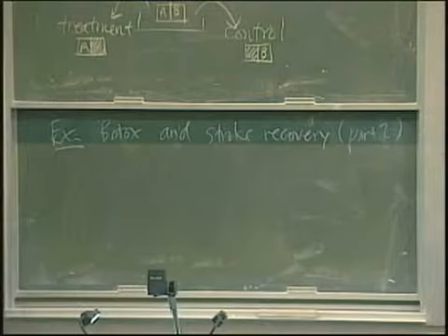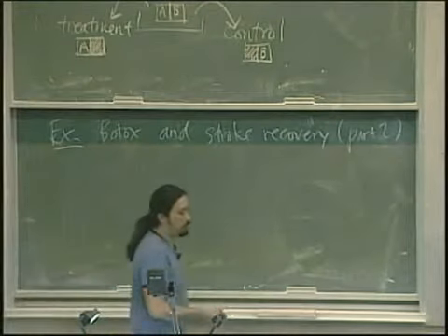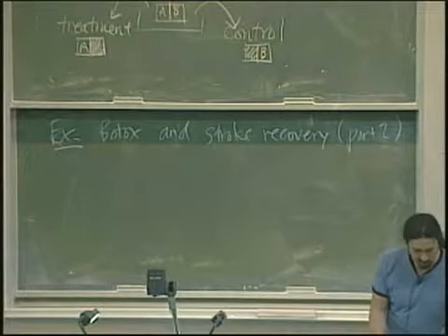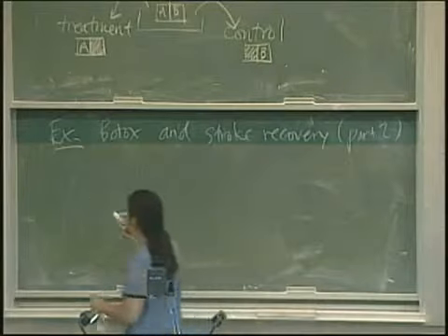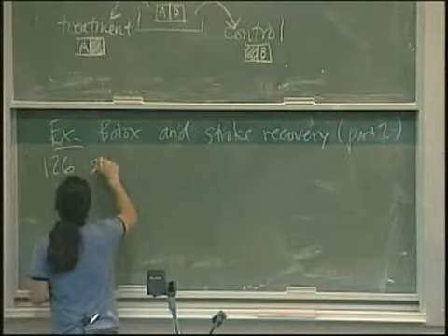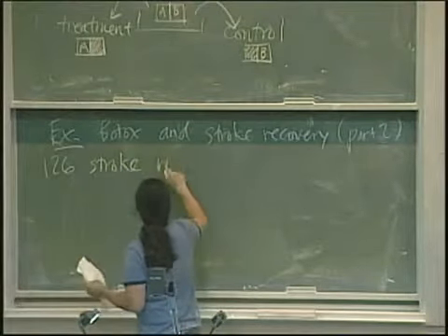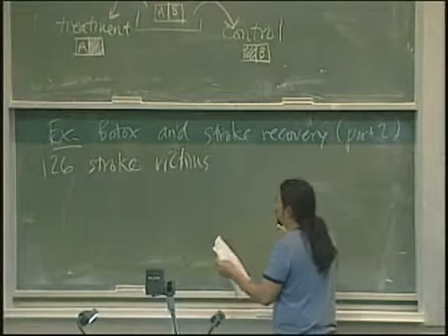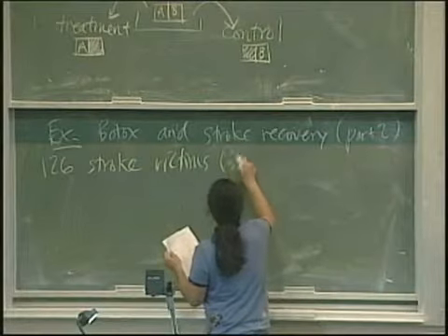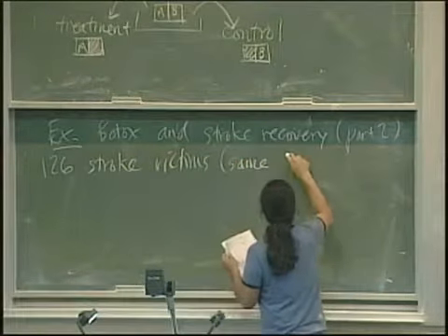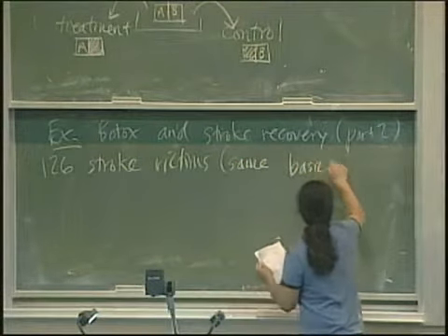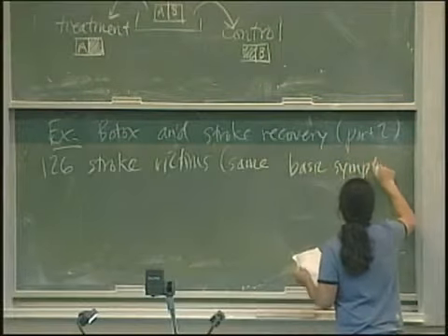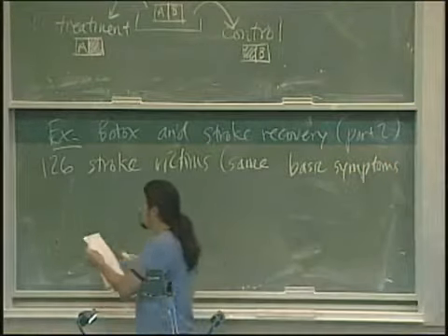So this experiment was done later, and it was intended to correct some of these mistakes. And what we have here is 126 stroke victims. Very roughly, these are the same kinds of stroke victims we had before, where they all have some problems with their hands. So same basic symptoms as before.